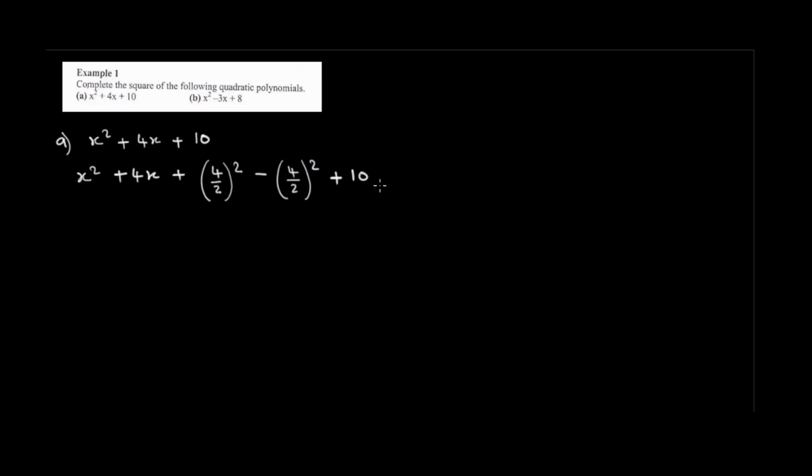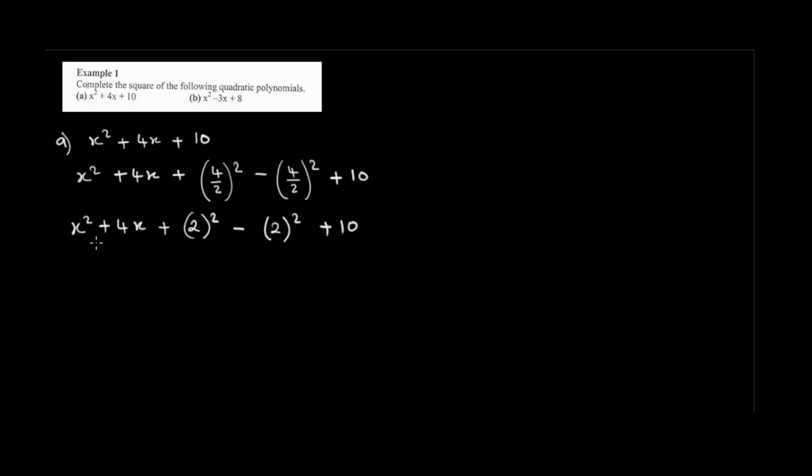That is how we do it. Then we simplify: x squared plus 4x, then 2 into 4 is 2, so it's plus 2 squared, it's very necessary. Then minus 2 into 4, it's still 2, so minus 2 squared, plus 10.